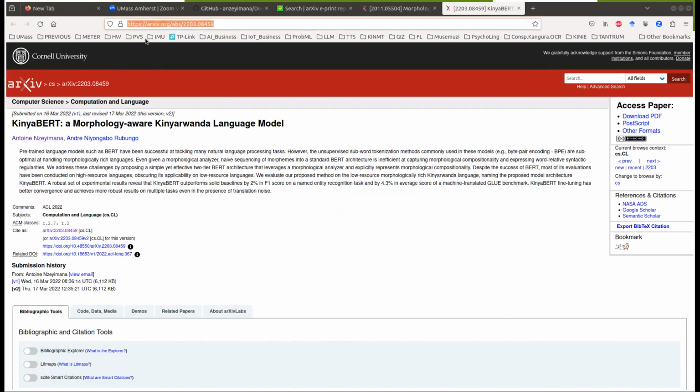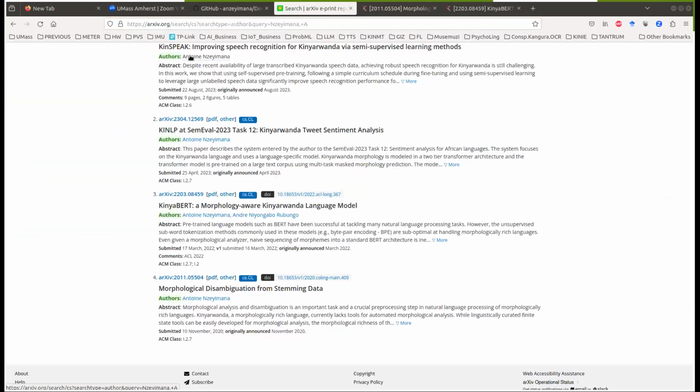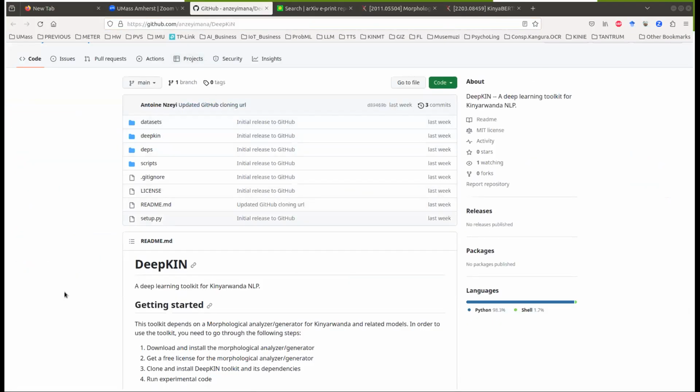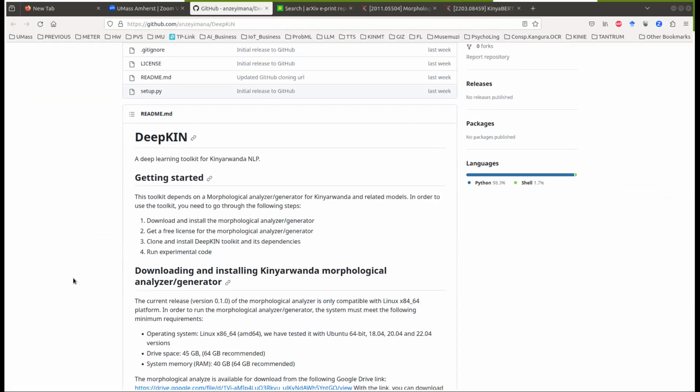Okay. So this is a toolkit that we open sourced to do different natural language processing tasks for Kinyarwanda. And it's based on the morphological analyzer and the PyTorch framework.